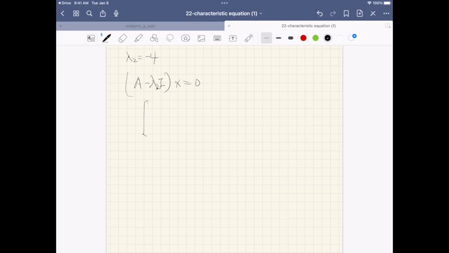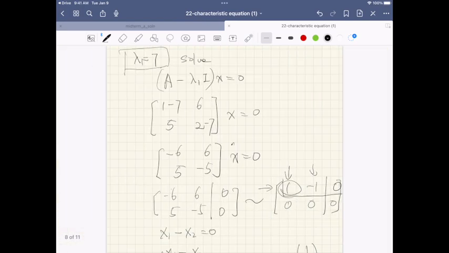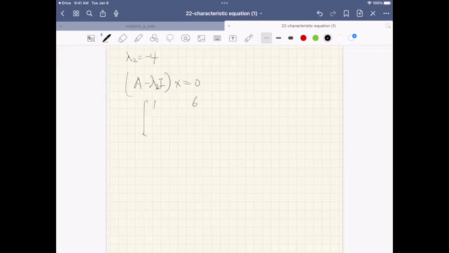Or you can say we have 1, 6, 5, 2 as the original matrix, and minus -4 for each diagonal entry, and solve this. So then the matrix is given by 5, 6, and for the augmented matrix, you need to put 0 on the other side.